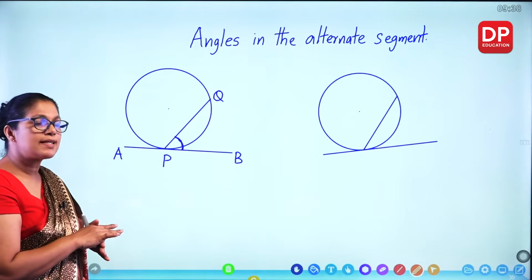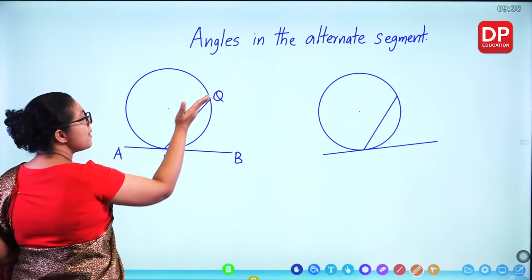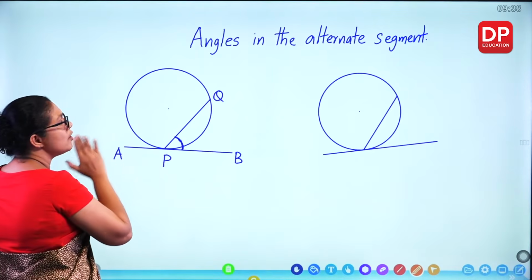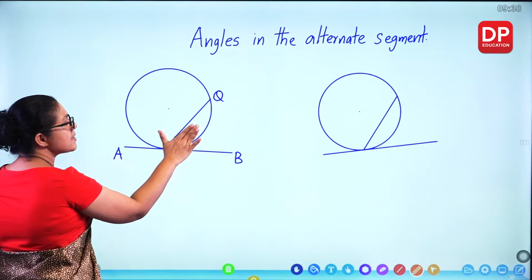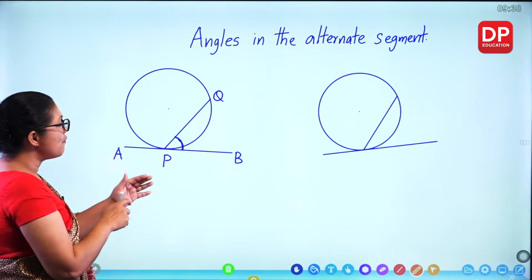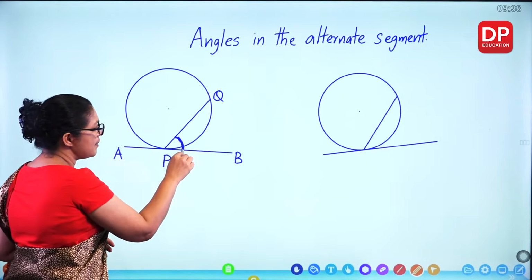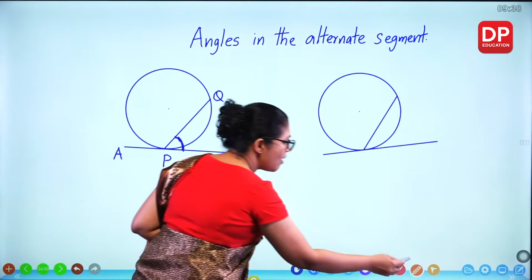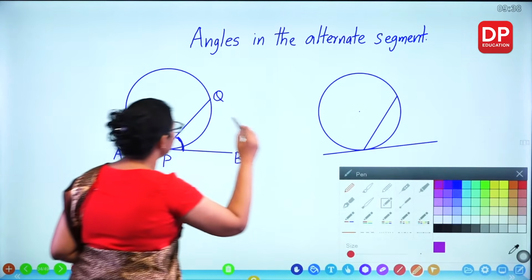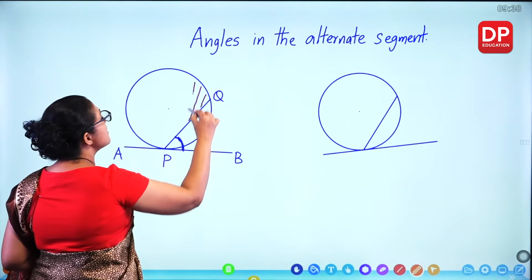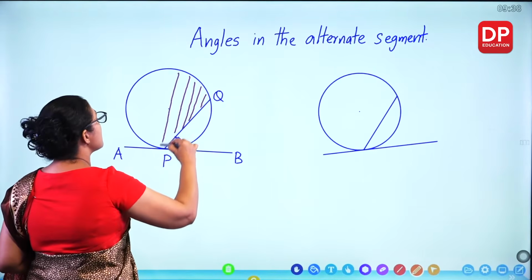So we are looking at this angle and another angle in the alternate segment. What does alternate segment mean? With this PQ chord, you get two segments, the minor segment and the major segment. If you are looking at this angle, this side is the alternate segment.